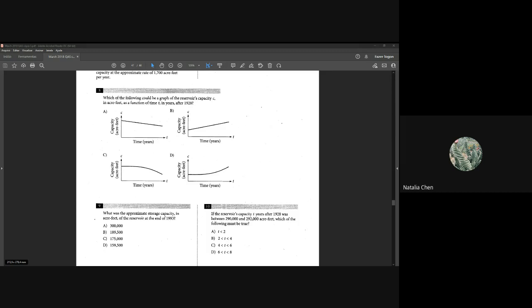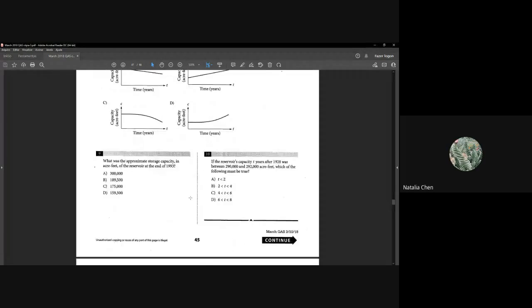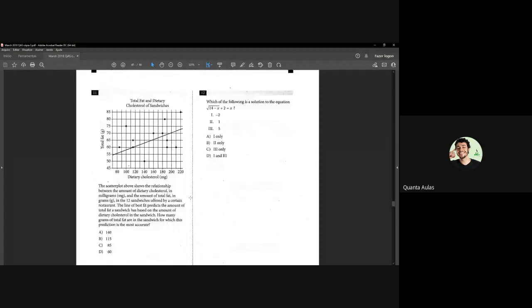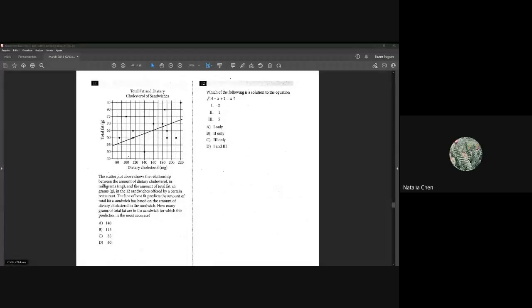Tem que ser a C. Why? Porque eu testei todos. Então tá bom, se tu testou, tá testado. Vamos pra 11.